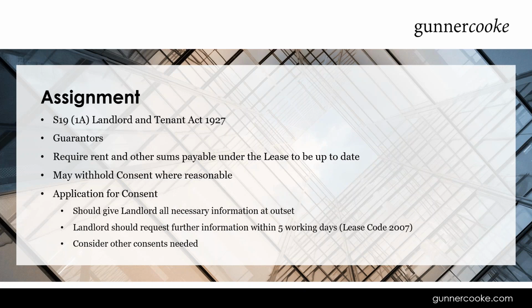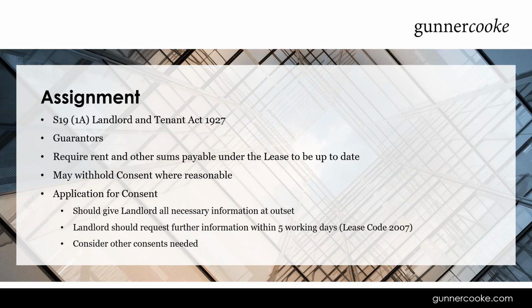In terms of guarantors generally, you need to bear in mind that your initial guarantor for your initial tenant will not be able to guarantee the assignee, because Section 25 of the Landlord and Tenant Covenants Act 1995 prohibits them from doing that.